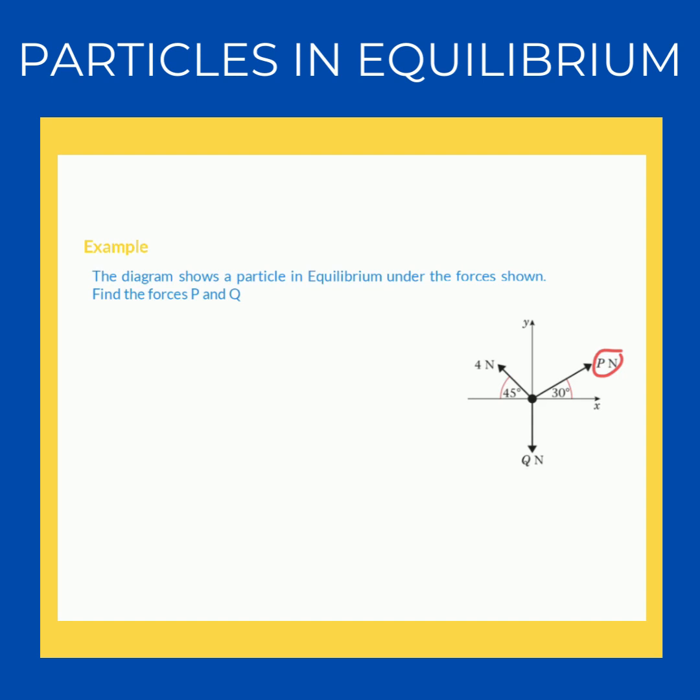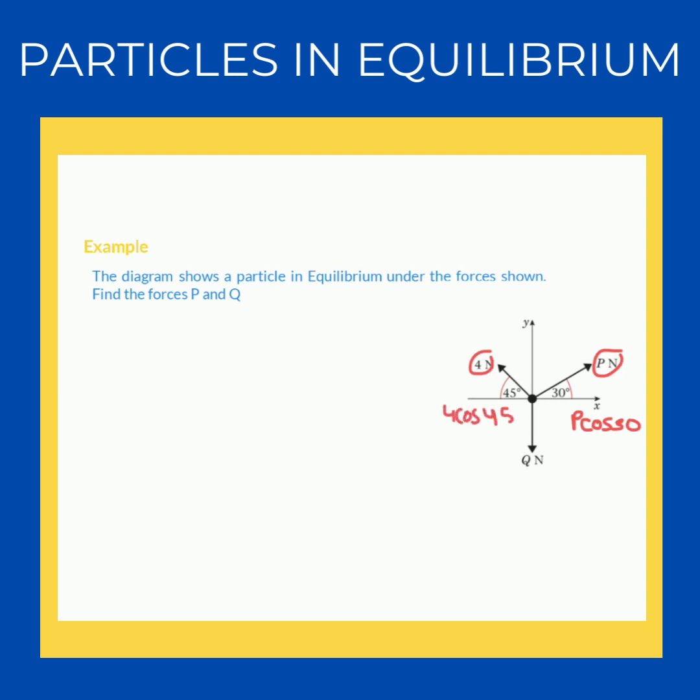So the horizontal force acting on the particle is P cosine 30, and the horizontal force that acts on the particle in the opposite direction is 4 cosine 45.